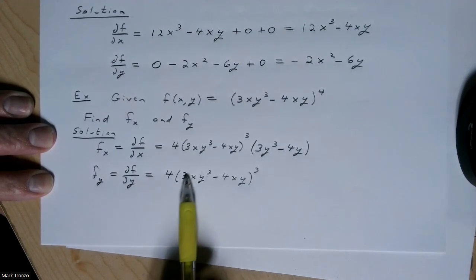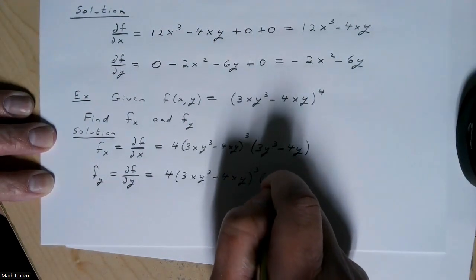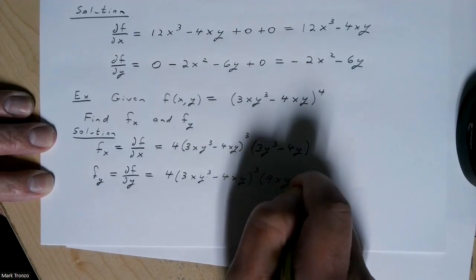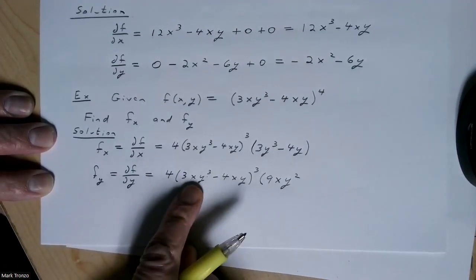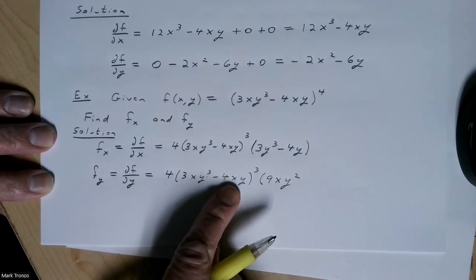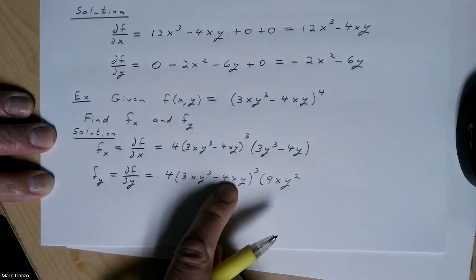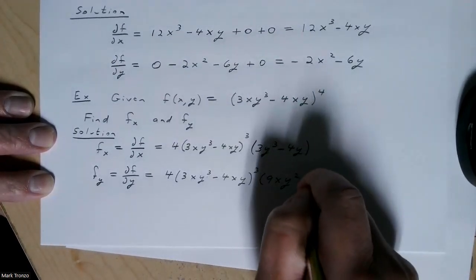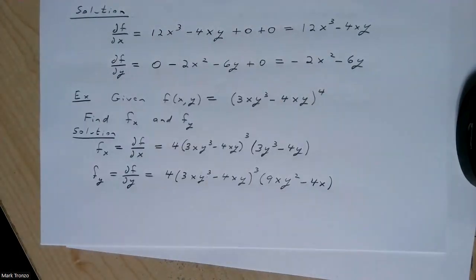So again, bring this down, that's going to be 9xy squared, subtract the 1. Then over here, again, x is constant, so this is like a constant times y. The derivative of that is minus 4x. And there we have it.